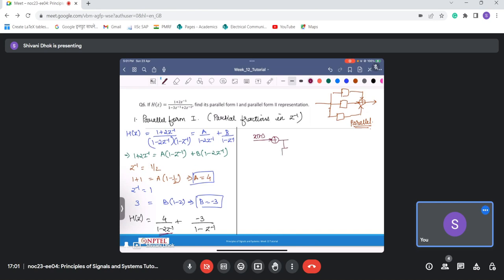So I have a z inverse block multiplied by a gain of 2. This gets added here, and then I have a gain of 4 here. Another system that we have is this x(n).